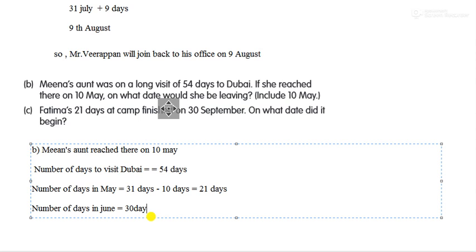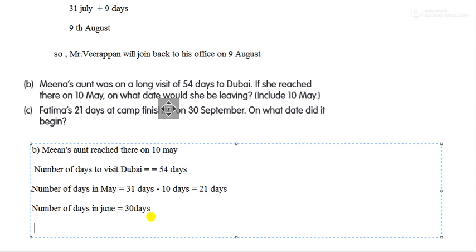Then number of days in July. 30 plus 21 is 51 days. 51 plus 3 days is 54 days.